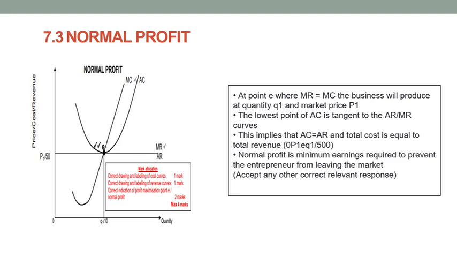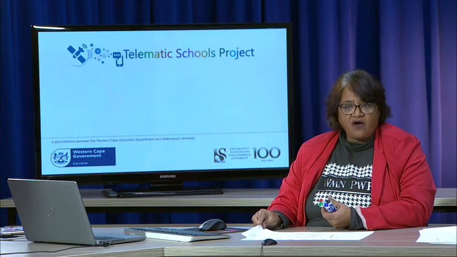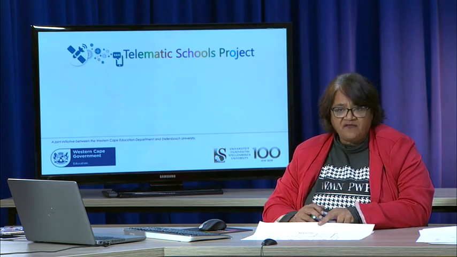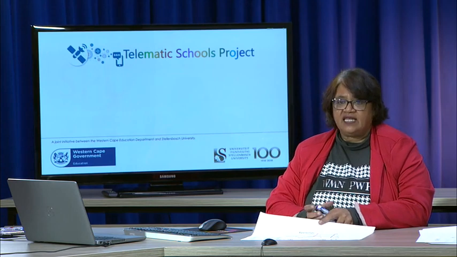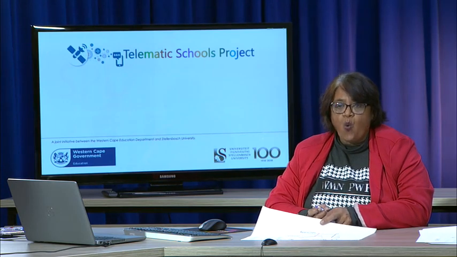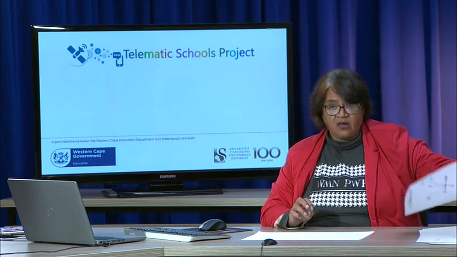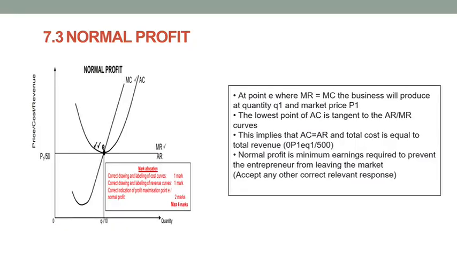And that is now how we've explained the three profit positions or equilibrium positions within a perfect market. Please, grade 11s, I have to caution you one more time. Very popular Matric essay, okay? Right, we're moving on.